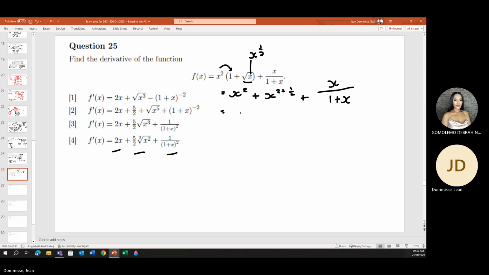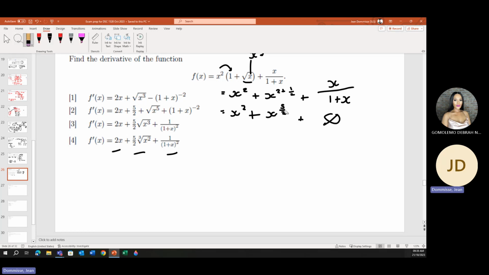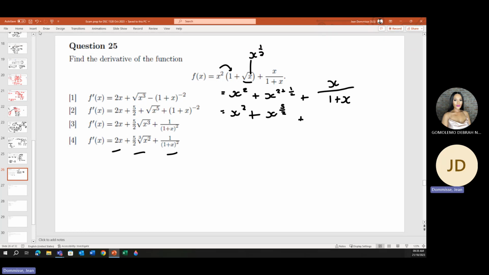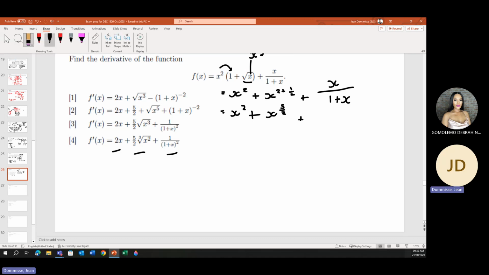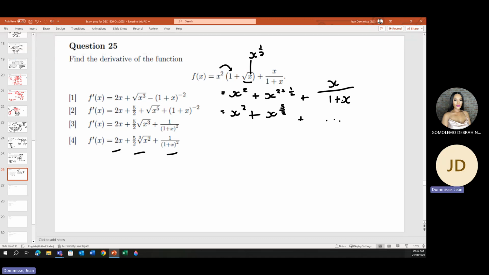Okay, so then just to rewrite it, we will work that last one out later. The derivative of this, again, the power goes to the front, so that's 2x.